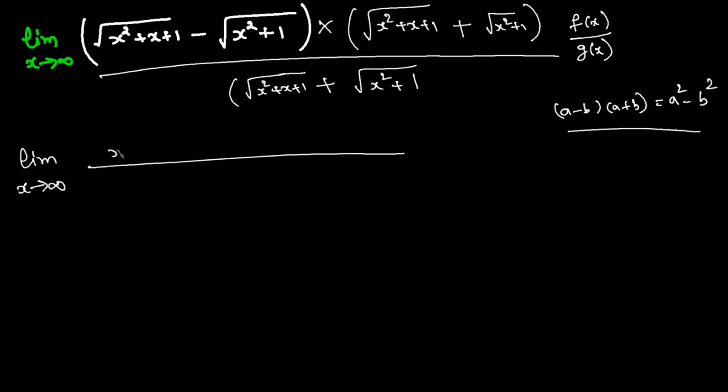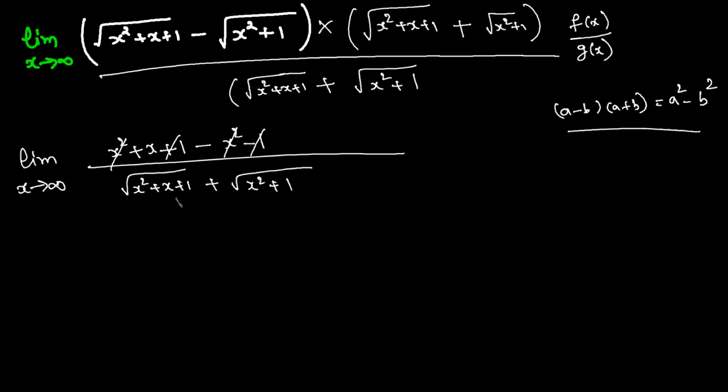So we get x squared plus x plus 1 minus x squared minus 1, as the minus gets distributed. In the denominator we have the square root of x squared plus x plus 1 plus the square root of x squared plus 1. When we simplify, x squared cancels x squared, 1 cancels 1, so in the numerator we have only x, and in the denominator we have this.